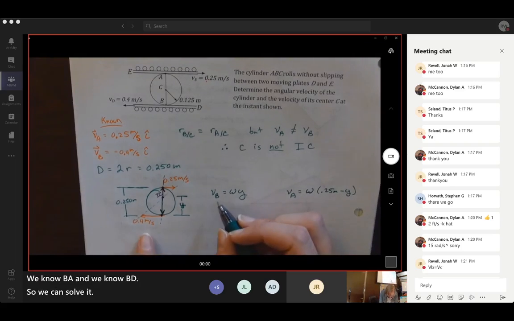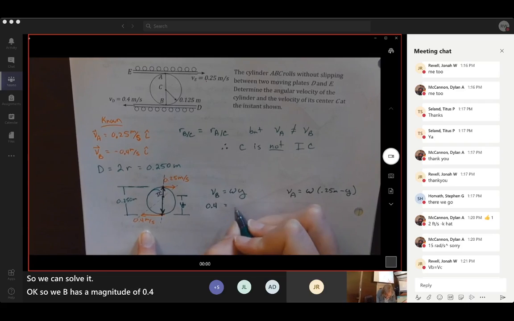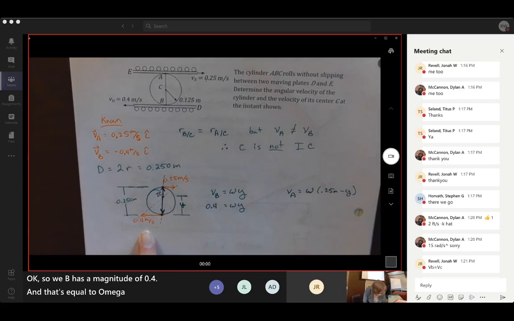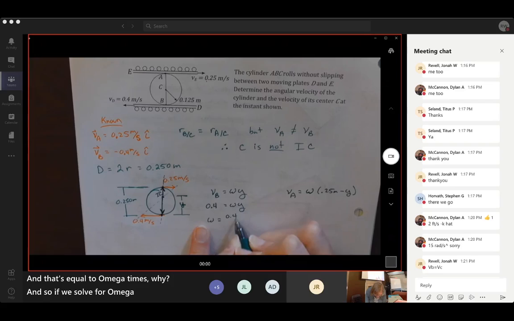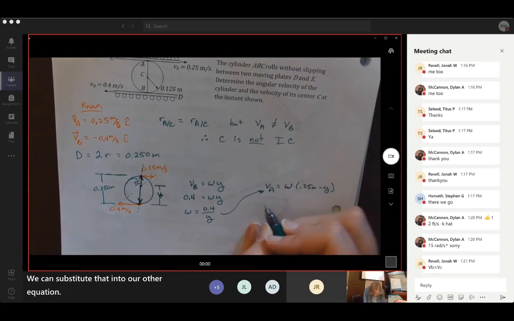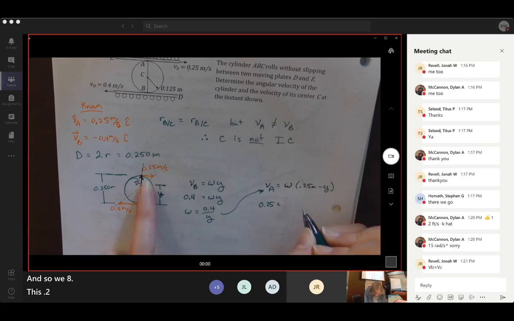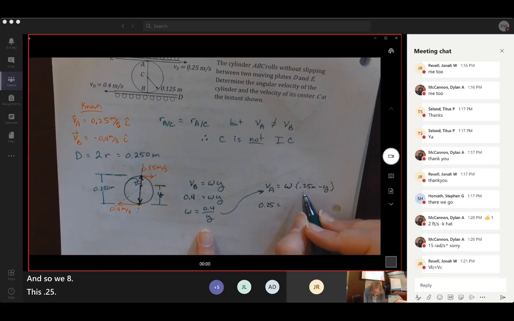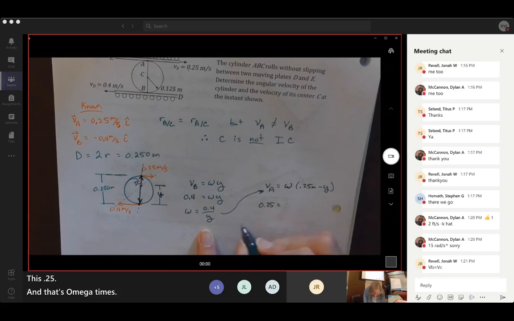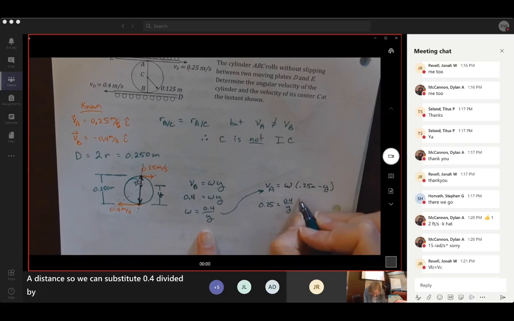VB has a magnitude of 0.4, and that's equal to omega times y. And so if we solve for omega, we get 0.4 divided by y. We can substitute that into our other equation. VA is 0.25, and that's omega times a distance, so we substitute 0.4 divided by y in.